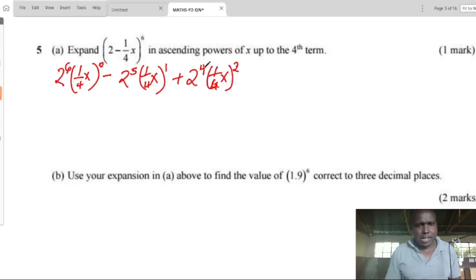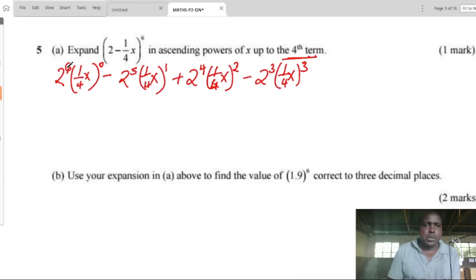So that this plus this is 6. Then the fourth term is minus 2 raised to power 3, 1 over 4x raised to power 3. We were told fourth term, so we stop here: 1, 2, 3, 4.